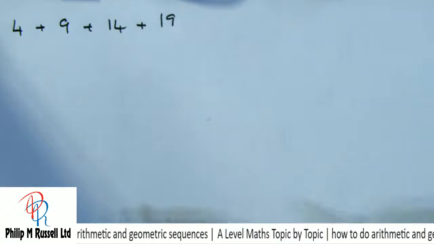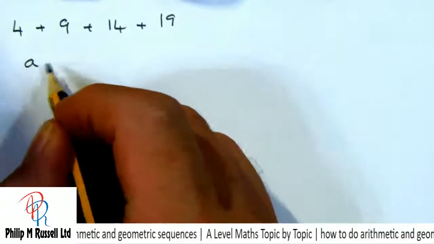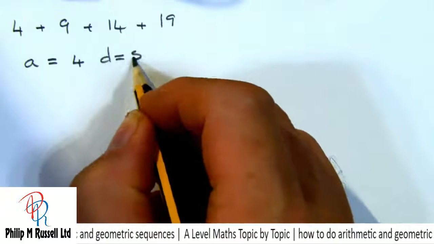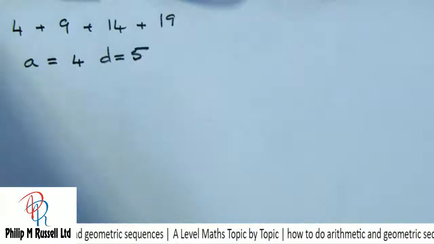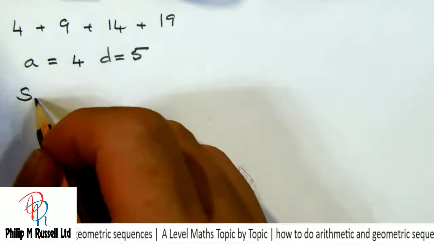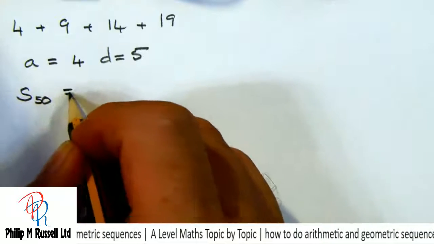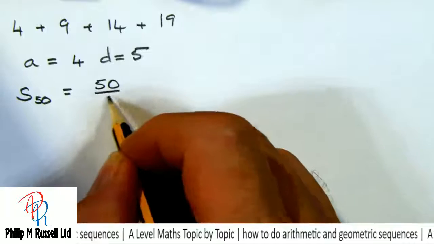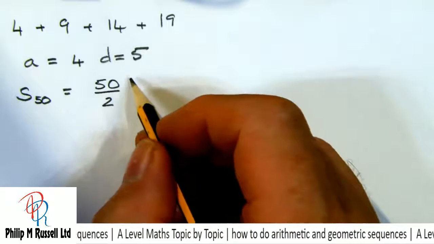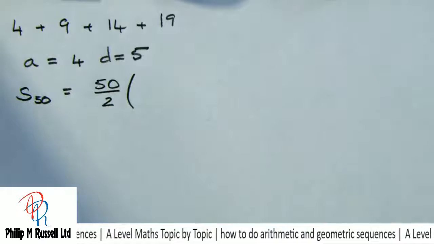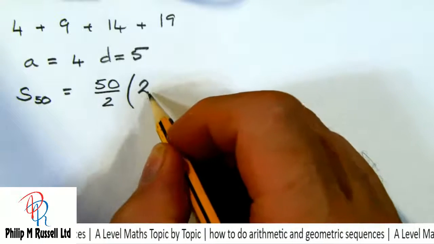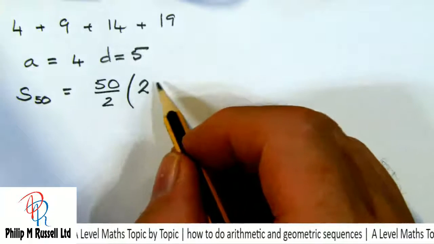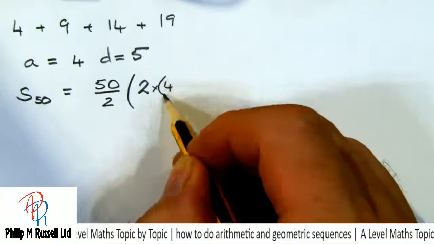Well, let's work out what a is, let's work out what d is, and now we can work out the sum of the first 50 terms is going to be 50 divided by 2, and then we've got here 2 times a, so a is in this case 4.